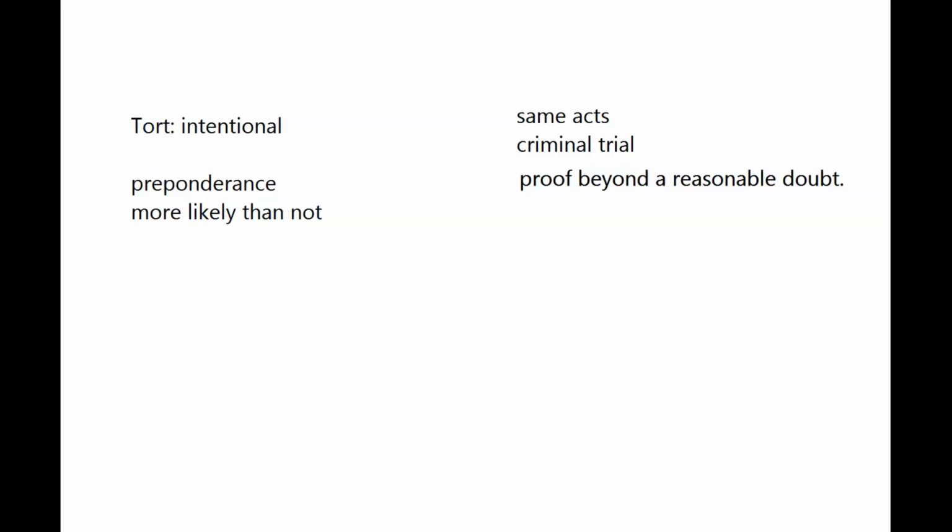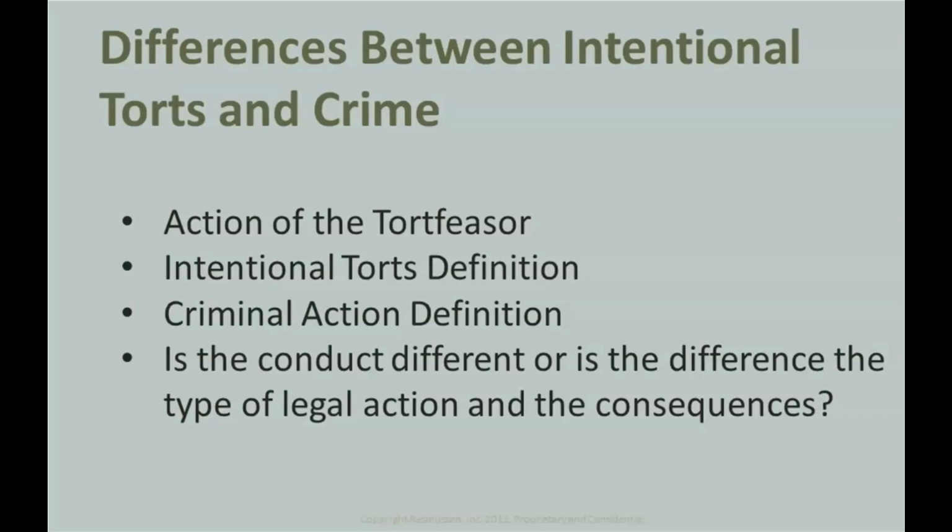Reasonable doubt is a very high standard. Preponderance is not. So it's easy for somebody to lose on a preponderance and still win on reasonable doubt. That's not an oddity. The difference is the type of legal action and the consequences, not necessarily the conduct. That's the difference.